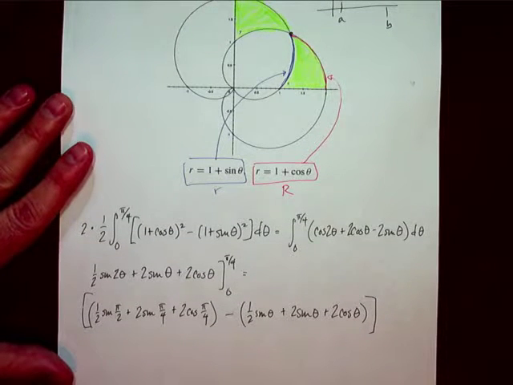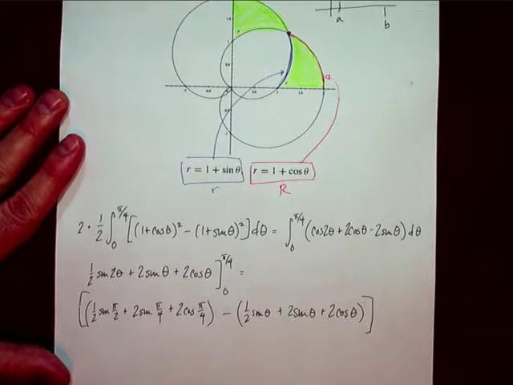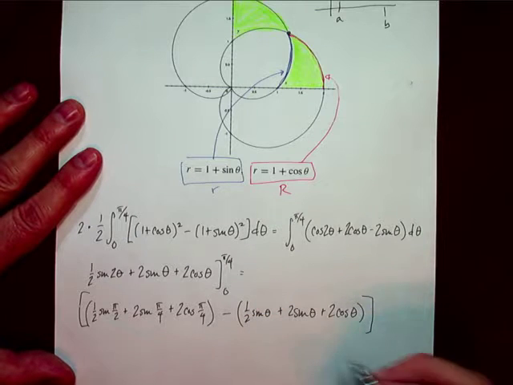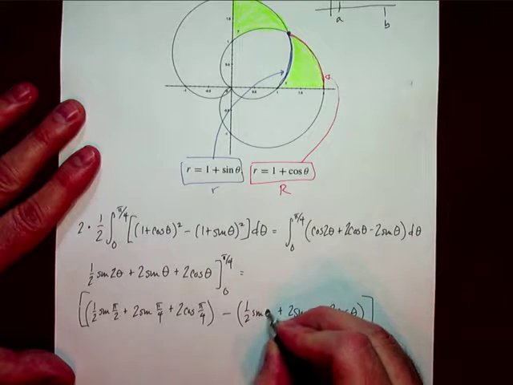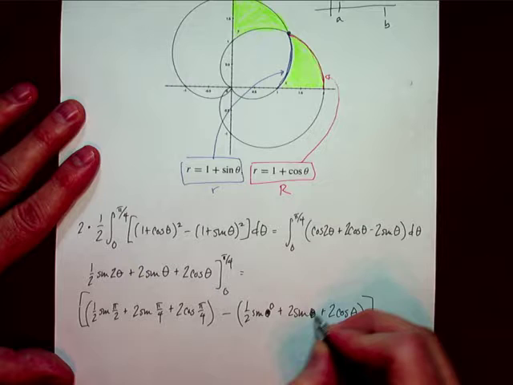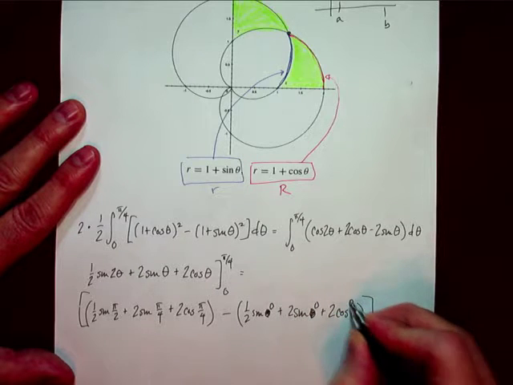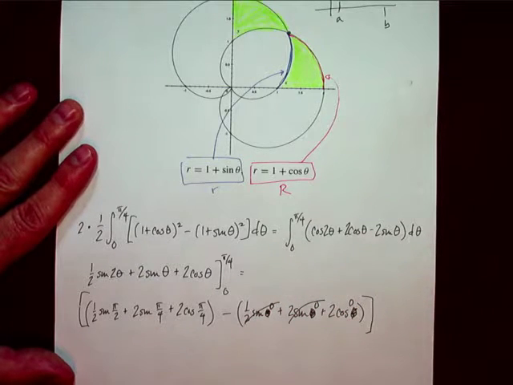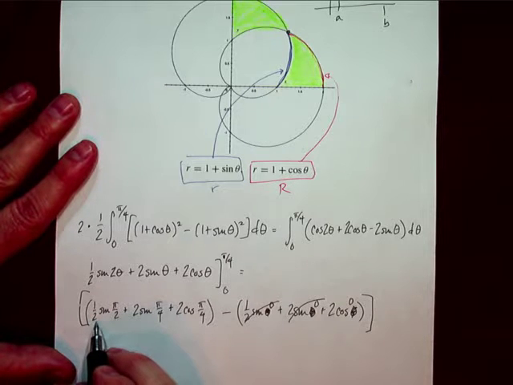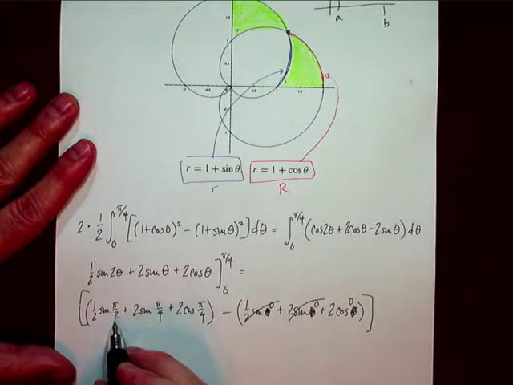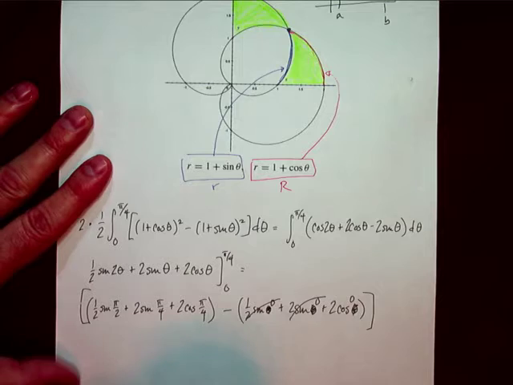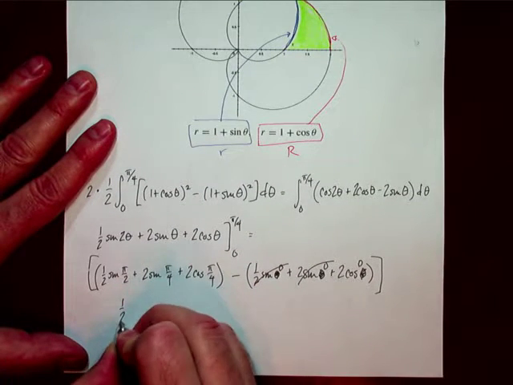Now, of course, there are still a couple that cancel out on this one. Sorry, I put thetas instead of zeros. It's just a habit. Okay, 0. So that goes away, that goes away. This is 1/2 sine of pi over 2. Well, sine of pi over 2 is 1, and 1/2 of that, of course, is just going to be 1/2.